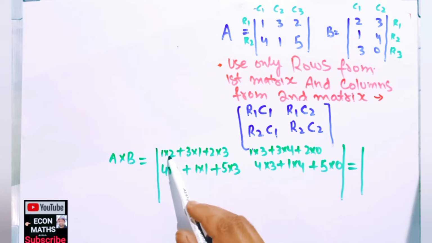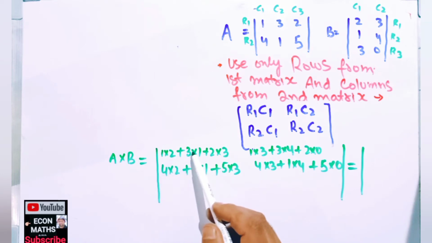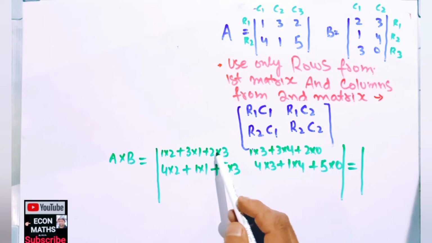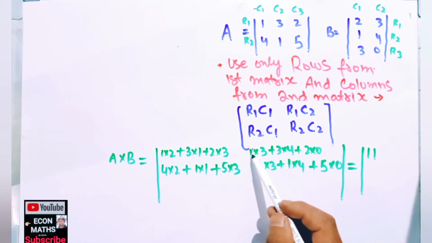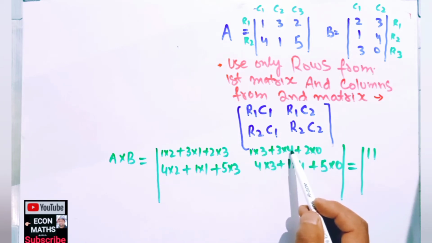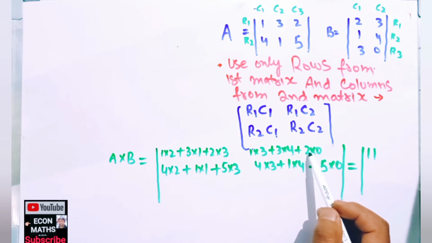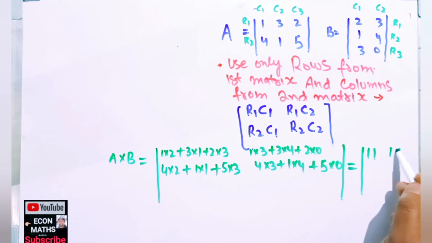So this is 2 plus 3 plus 6. That is 2 plus 3 is 5. 5 plus 6 is 11. So this is 11. Here 3 ones are 3, 3 fours are 12. So this is 3 plus 12 is 15. And 15 plus 2 into 0. This is 0. So this is only 15 here.